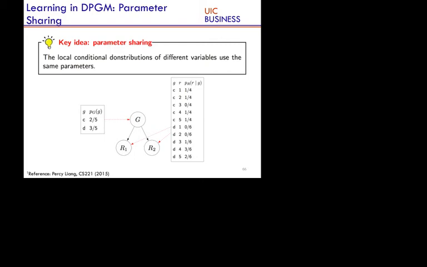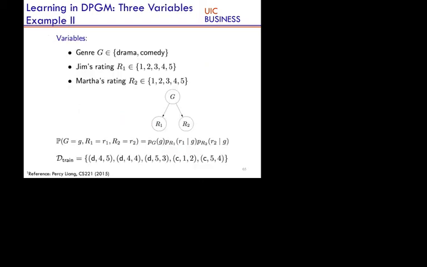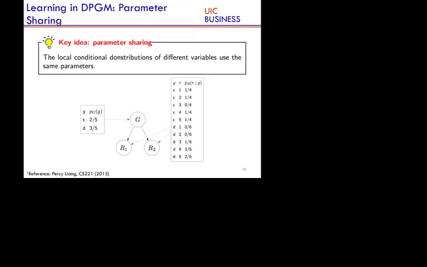This reduces the number of parameters, right? Because previously for every user I was supposed to create these conditional distributions, but now I'm just creating one conditional distribution.